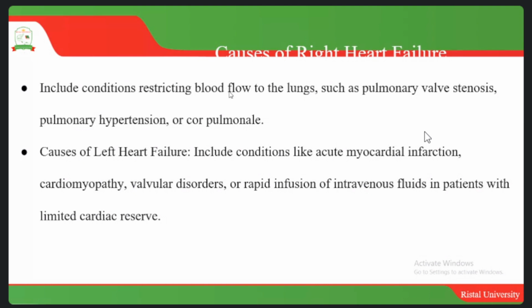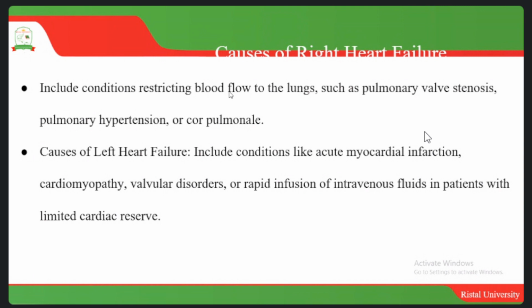So the causes of left heart failure include conditions like acute myocardial infarction. It can also be cardiomyopathies, which are conditions that affect the myocardium of the heart. Then also valvular disorders, which affect the valves and the different blood vessels that help to release blood out of the heart. Or it can be rapid infusion of intravenous fluids in patients with limited cardiac reserve.